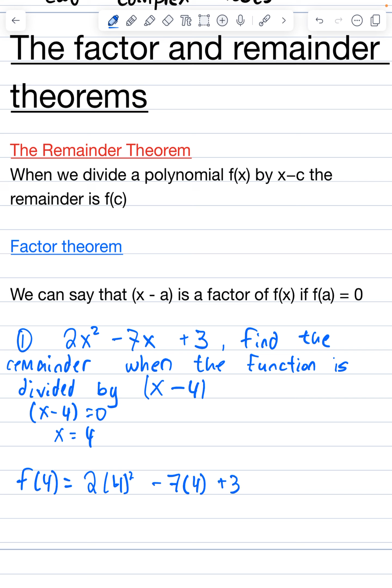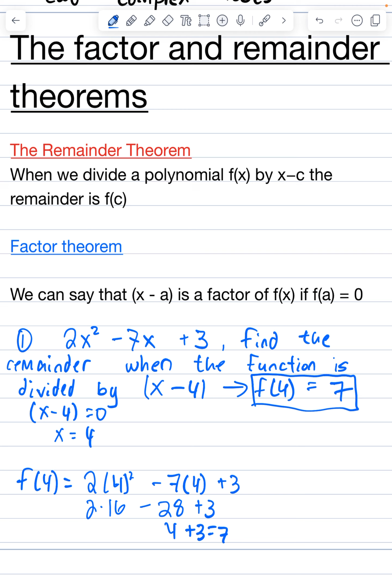So 4 squared is 16 times 2 is 32, and 7 times 4 is 28. 32 minus 28 is 4, and 4 plus 3 equals 7. So f of 4 equals 7. That's my remainder.